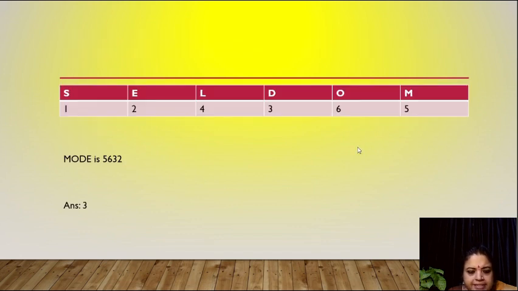Just as I have said, SELDOM has to be represented in table form. So from that, SELDOM is represented in terms of numbers 1, 2, 4, 3, 6, 5. So from this, MODE can be taken. M is represented as 5, O is represented as 6, D is represented as 3, and E is represented as 2. So the answer comes out as option 3.